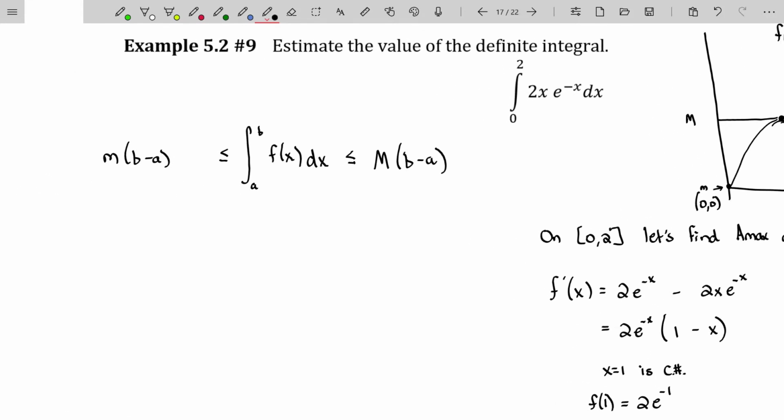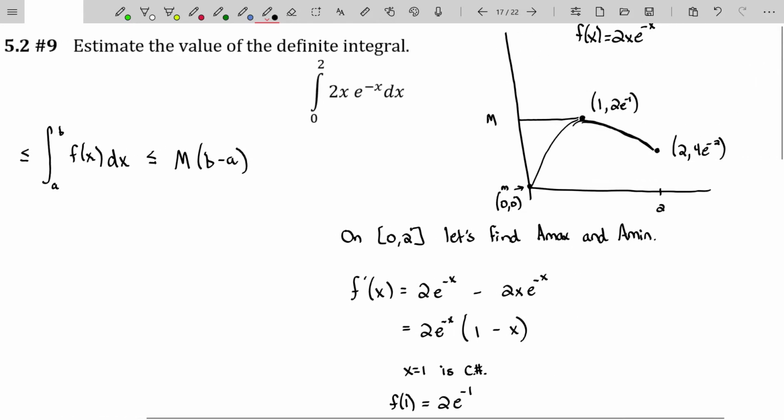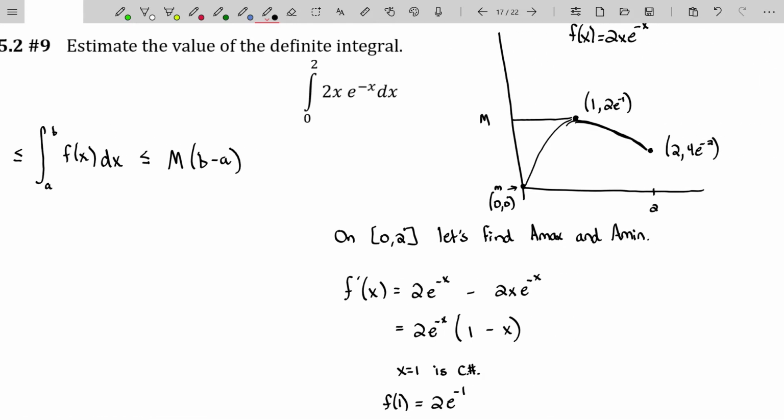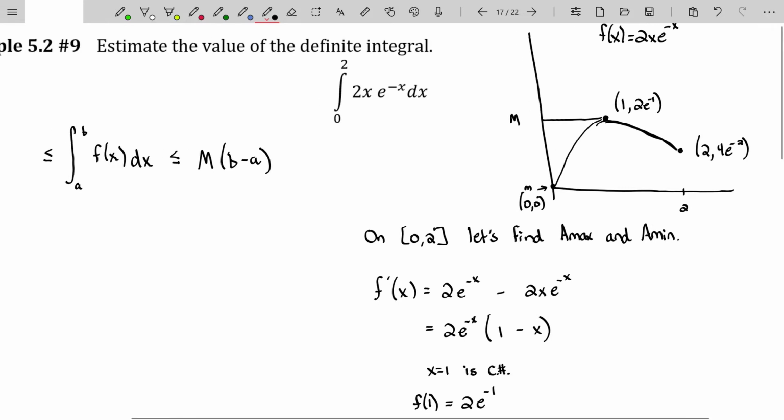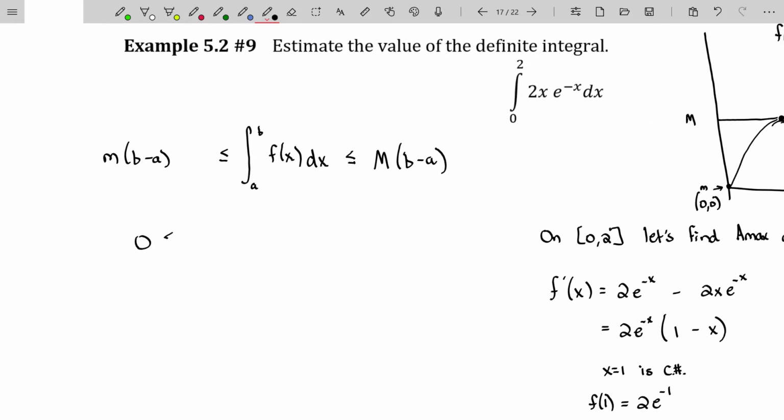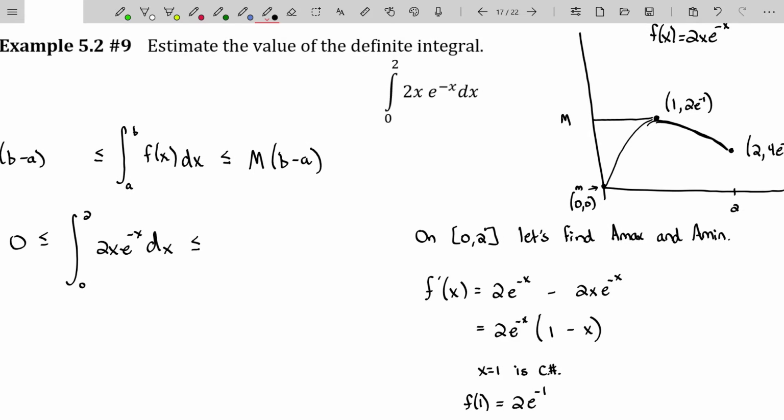So let's go ahead and just substitute that in. Little m, again, the lowest value for our function on this interval, is going to be 0. So we could say that our integral from 0 to 2 of 2x e to the negative x dx is between 0 and the upper value, which is 2 e to the negative first, times, again, 2 minus 0 there.